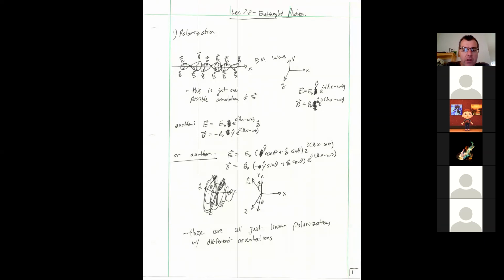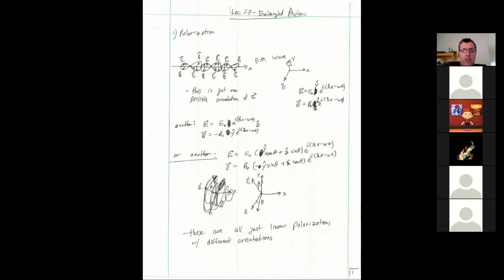That's certainly not the only way we could do it. We could have the E field along the z-axis, the B field along the y-axis. But it's not like there's only two options. We could have the field oriented at any angle intermediate. We could have E along the y direction or the z direction or anywhere intermediate.